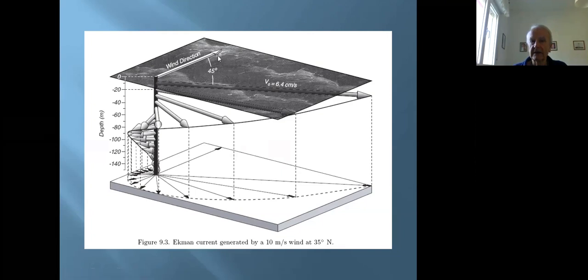And this is practically the integral from the surface to the bottom of the Ekman layer, multiplied by rho, the density of the water, and integrated from the surface to a certain layer. Since the density is considered constant, we can take it outside of the integral and integrate simply the velocity.